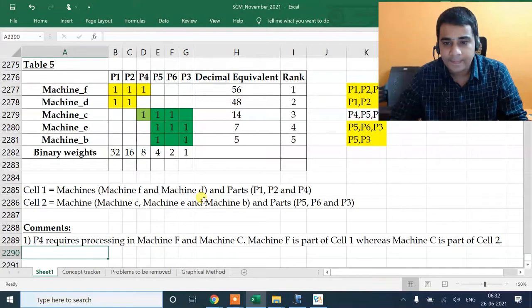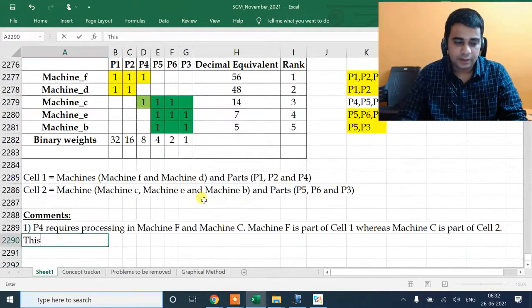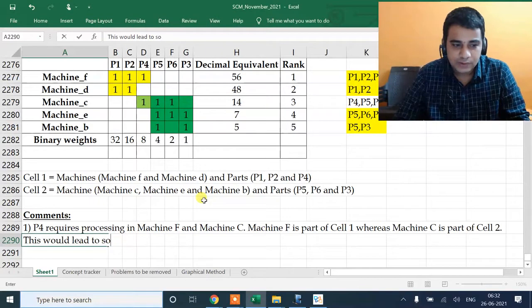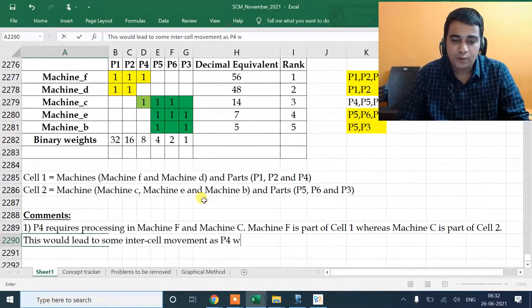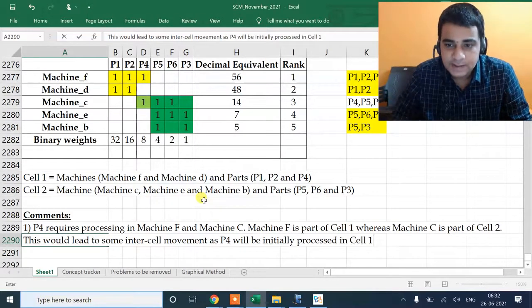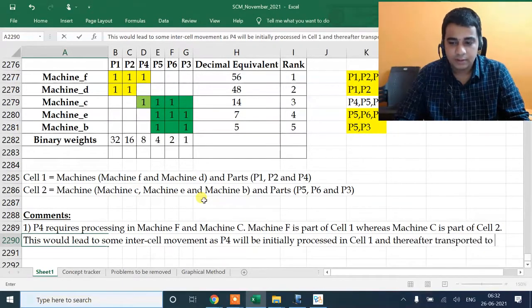This would lead to some intercell movement, as P4 will be initially processed in cell 1, and thereafter moved to cell 2.